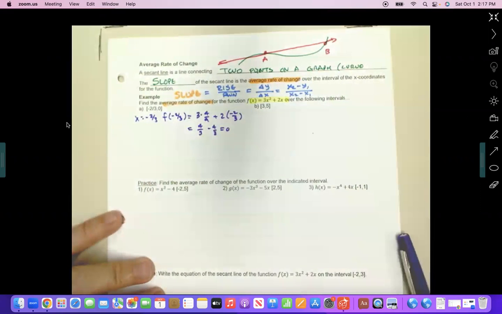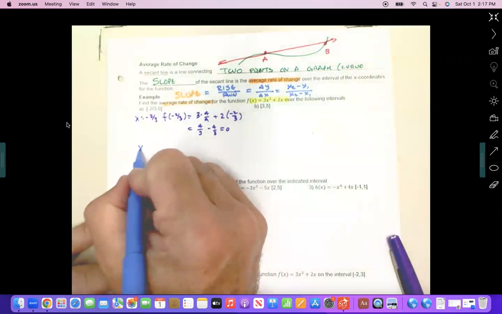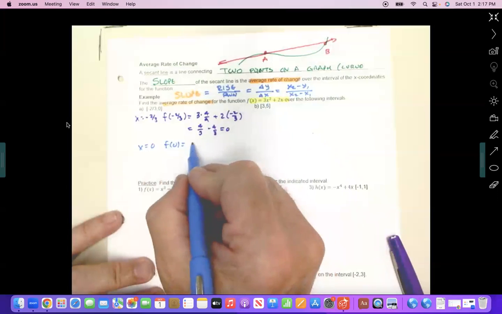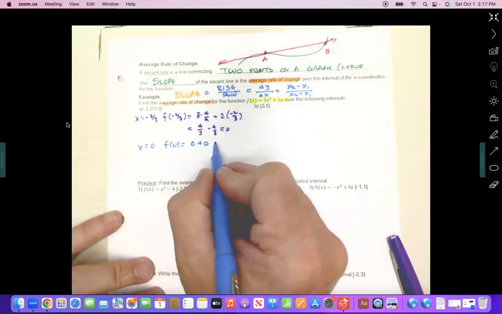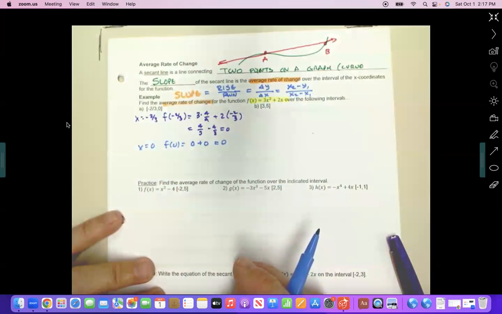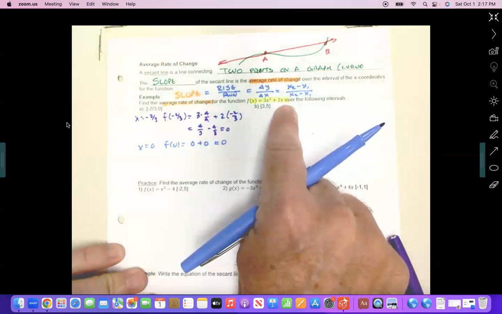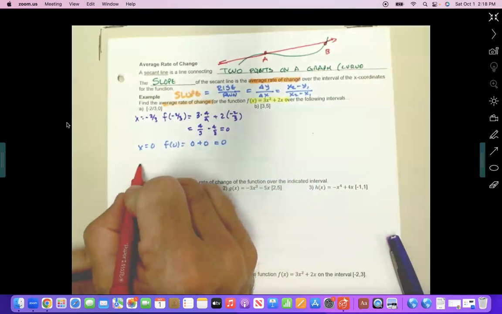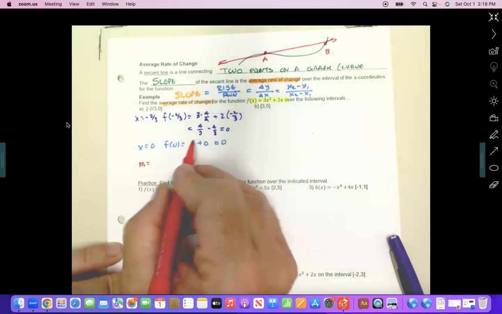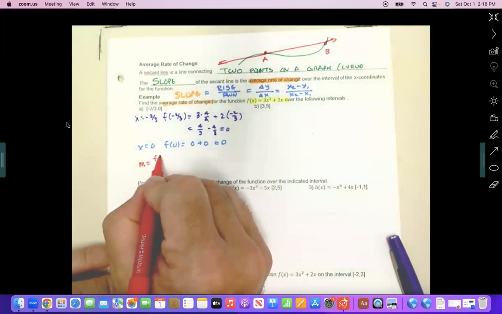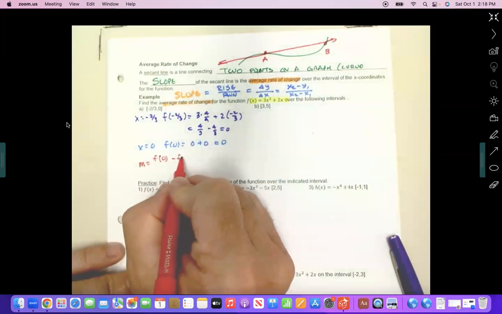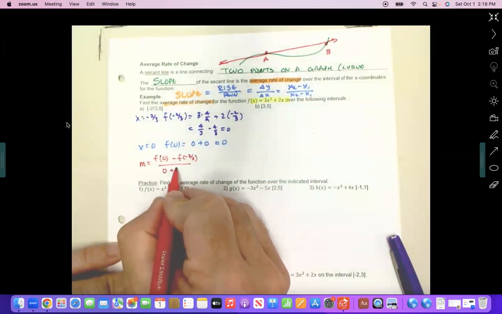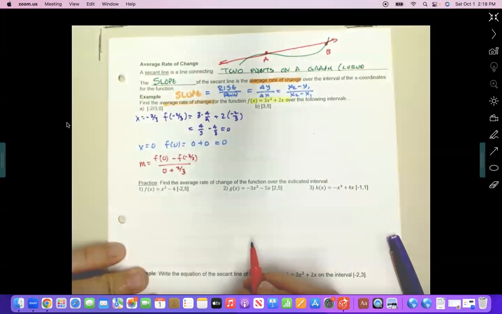And let's check when x equals 0. When x equals 0, find f of 0. That's pretty easy, because this is just something times 0 plus something times 0, which is 0. So to find the average rate of change of this function over this interval, we put those values in our slope formula: f of 0 minus f of negative 2/3, all divided by 0 minus negative 2/3.